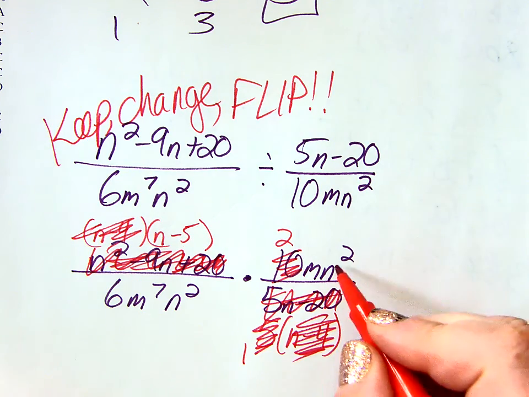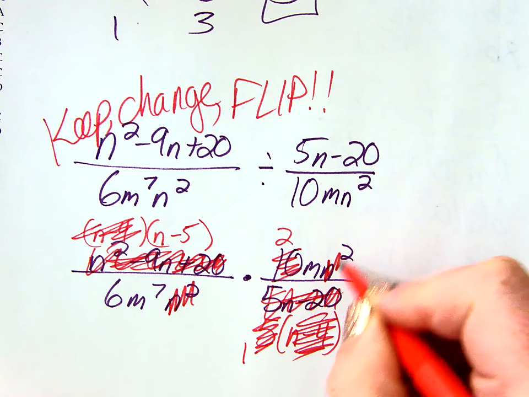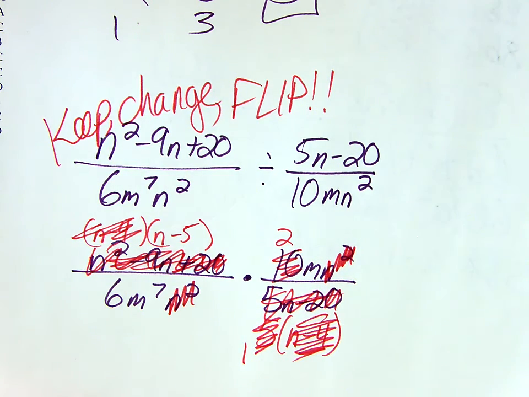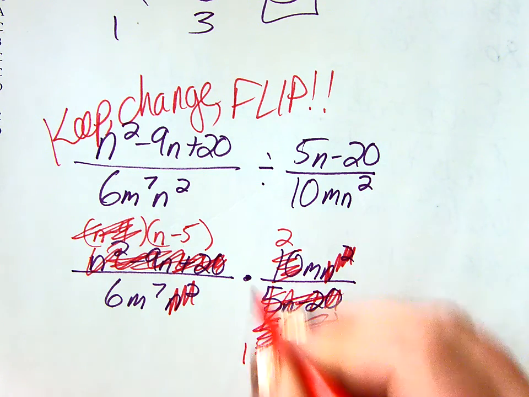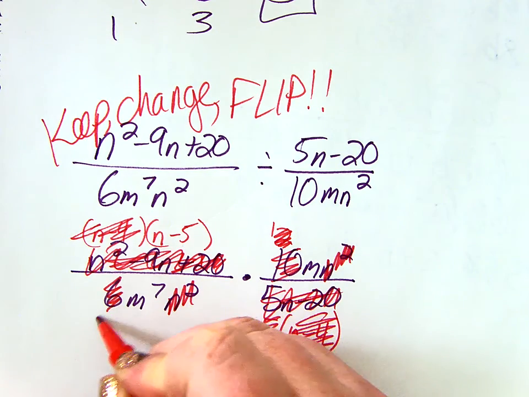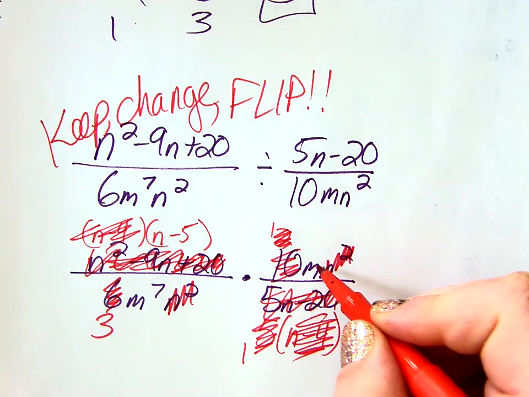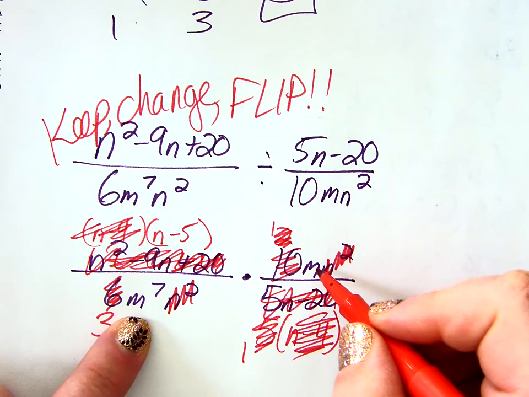Yeah, so n squared and n squared, aren't they going to cancel each other out? Keep going, there's more. 2 and 6. 2 goes into 2 once, 2 goes into 6 3 times. There's more. Yes, I have 1 m on the top, 7 m's on the bottom.